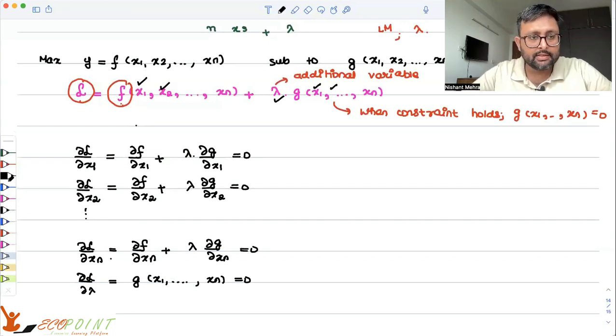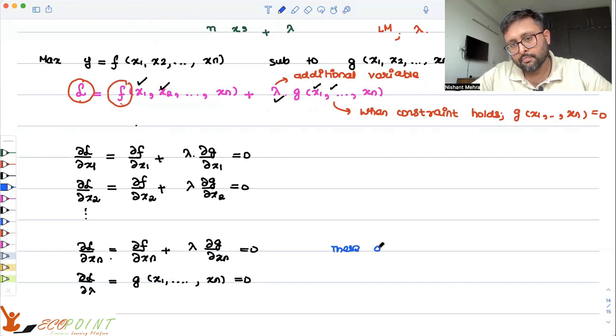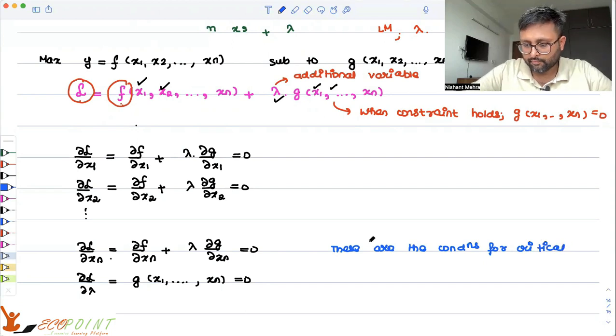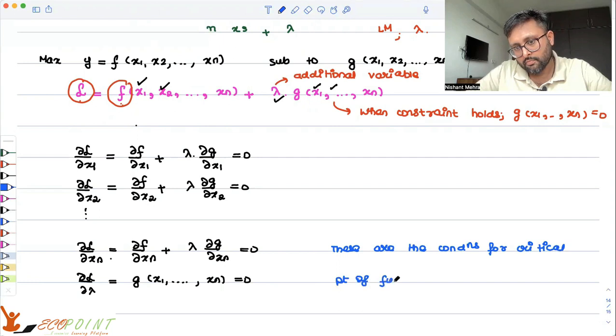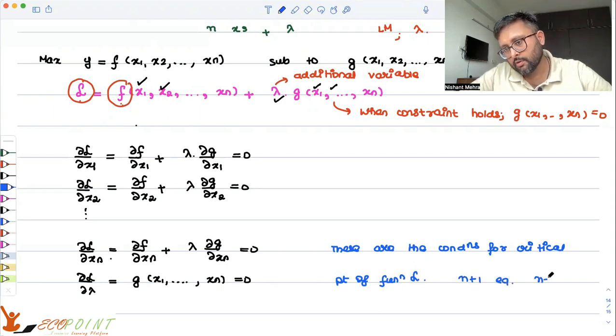So these are the conditions for a critical point of function L. So these are n plus 1 equations in n plus 1 variables.